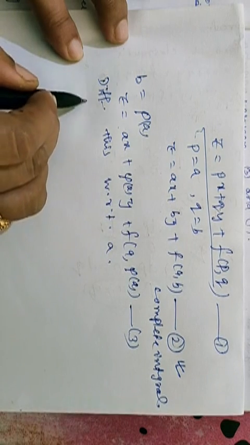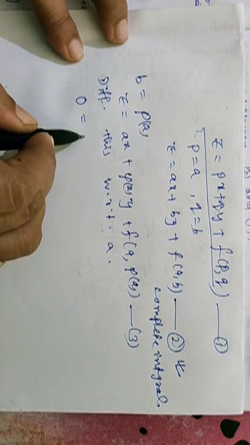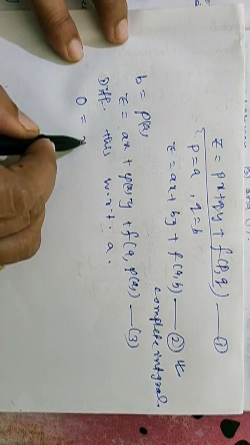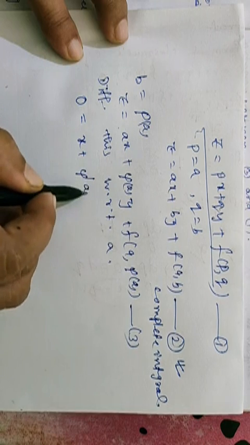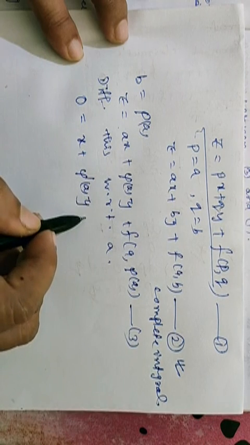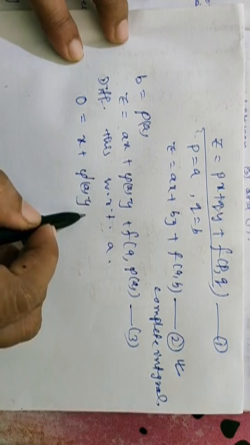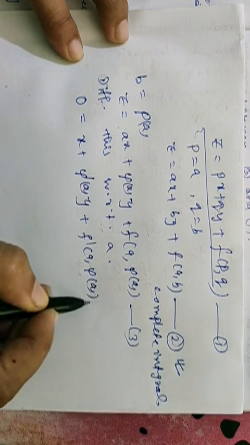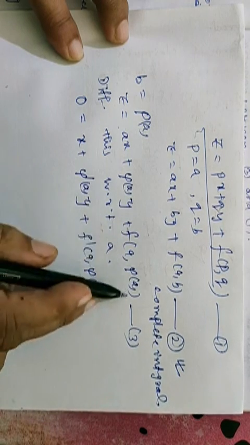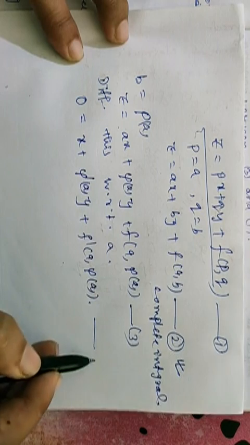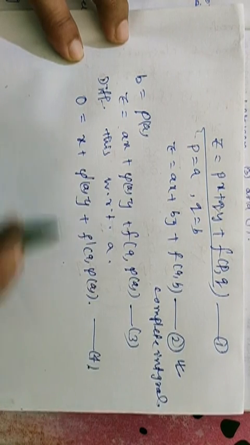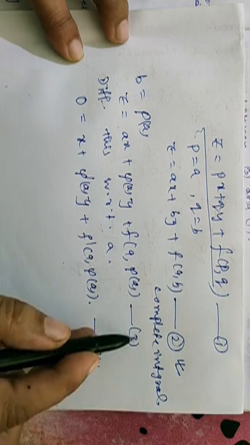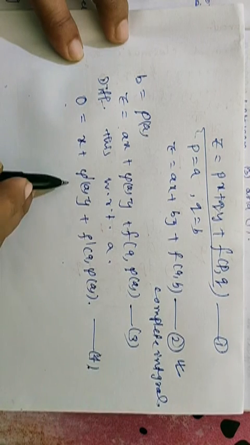So what we get is 0 is equal to x plus phi dash(a)y plus f dash(a, phi(a)), the derivative of f with respect to a. It is 4. Now eliminating a between 3 and 4, we obtain the general solution.